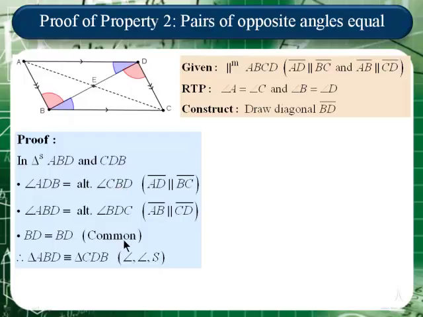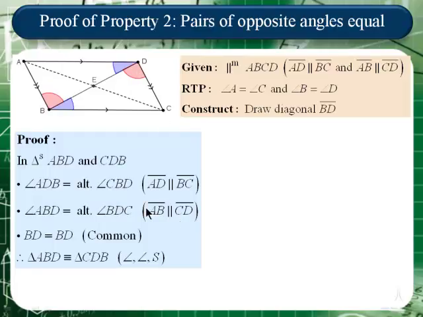Now what you see here is what I've done earlier. We can firstly see that angle ADB, in other words the blue one here, is equal to the blue one here because they are alternate angles, simply because line segment AD is parallel to line segment BC. In a similar way, the two red ones will be equal in measure because again they are alternate, and because line segment AB is parallel to line segment DC.